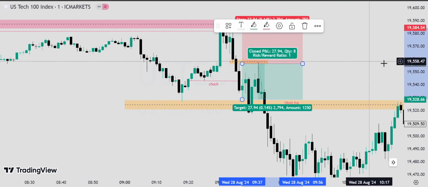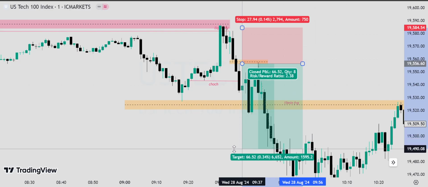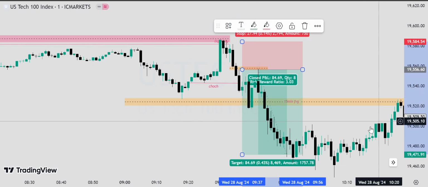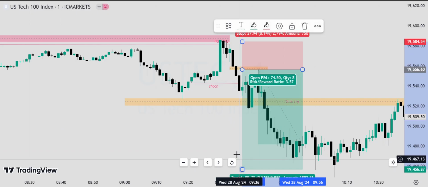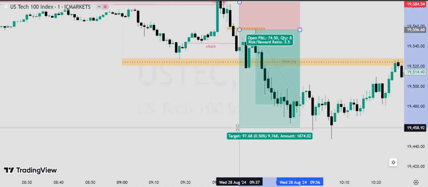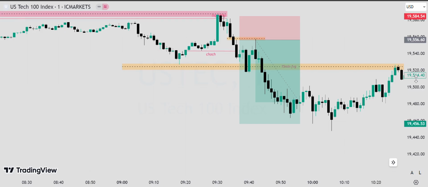And then your target will be, mostly we target around 100 pips for Nasdaq and US30 or Dow Jones. Dow Jones and Nasdaq we mostly target 100 pips. They always give you 100 pips mostly.